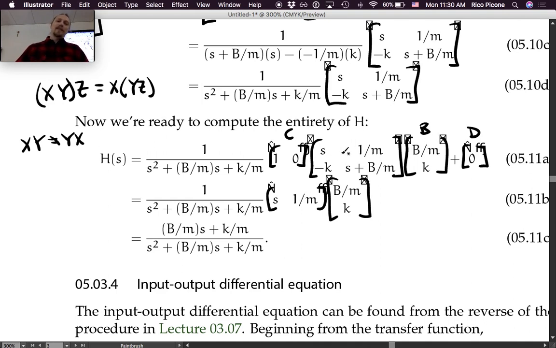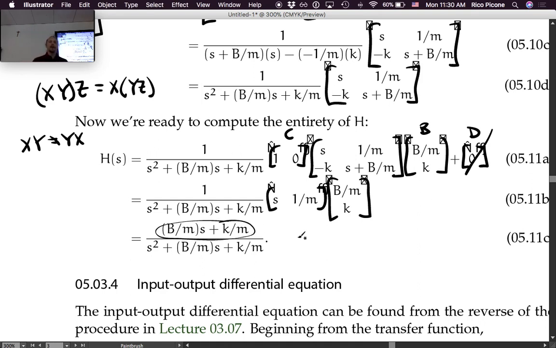So I'd do that. 1 times S plus 0 times K gives me S. 1 times 1 over M plus 0 times S plus B over M gives me 1 over M. Still have this B. The D matrix is just 0, so that goes away. And then finally, we have one more matrix product to take. It's a 1 by 2 and a 2 by 1, so we'll just have a scalar remaining at 1 by 1. And S times B over M, and then 1 over M times K. And that's the numerator of this term here.